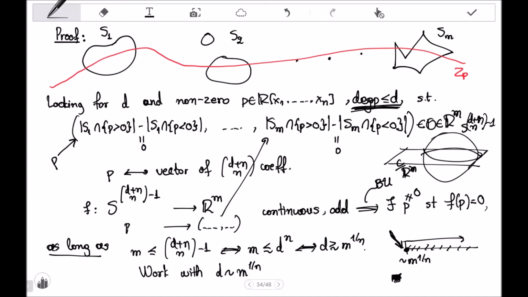This means that even for that d, as low as possible, I can still apply the Borsuk-Ulam theorem, and I can find the polynomial of degree at most d, and therefore at most number of sets to the 1 over n, performing the bisection. Okay, so I like this, I wanted to show it.